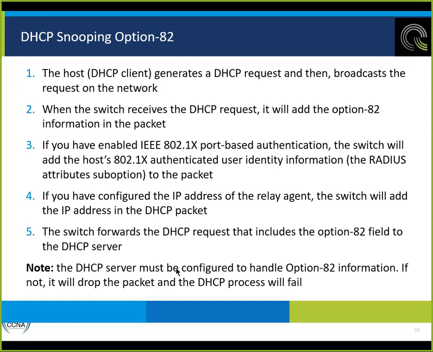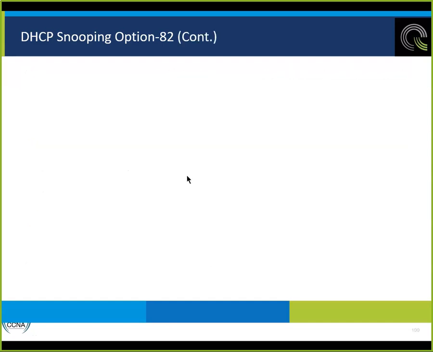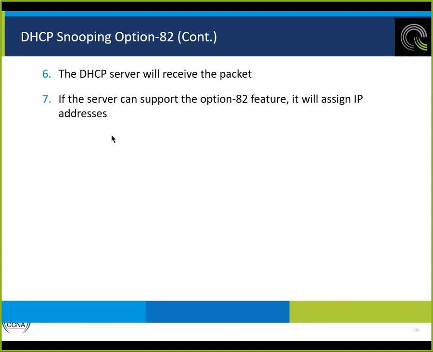It's going to mirror the option 82 information so that when it comes back, the switch knows where to send it. If you look up option 82, and I encourage you to do that on Google, it just says it sends additional information, and it's one of the processes that allows the devices to keep track.